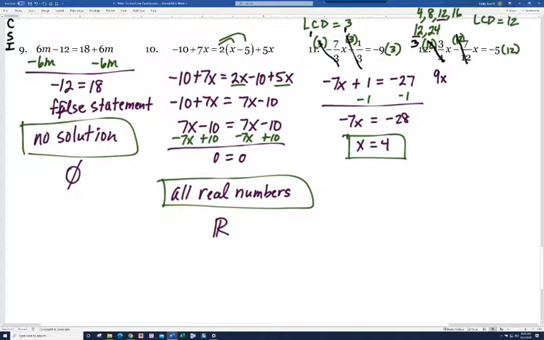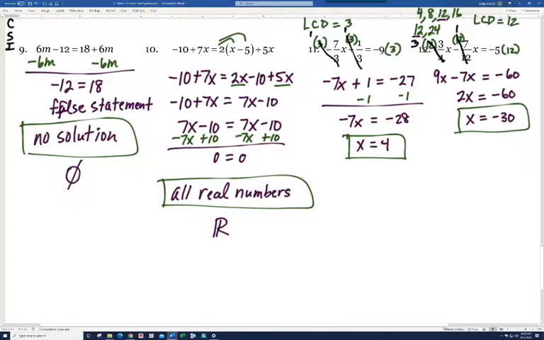Well, 12 divided by 12 is 1. And we have a minus 1 times 7x. That's minus 7x. And on the other side, you get negative 60. And so we're going to get 2x is equal to negative 60, or x equals negative 30.